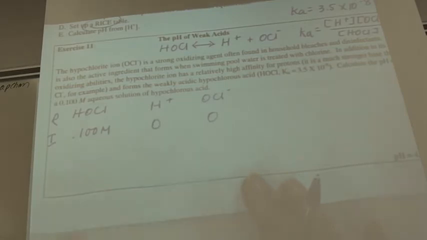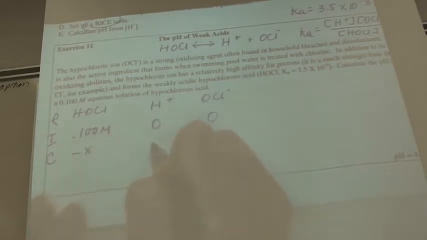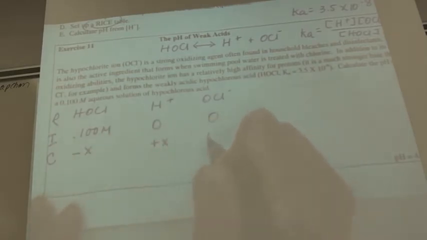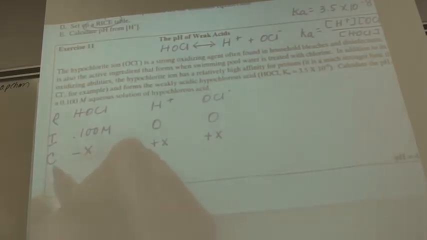The nice part about these problems is the change in equilibrium is always this way, because these always dissociate one proton at a time. So this change will always look like this, every single time. It will never be minus 2x.